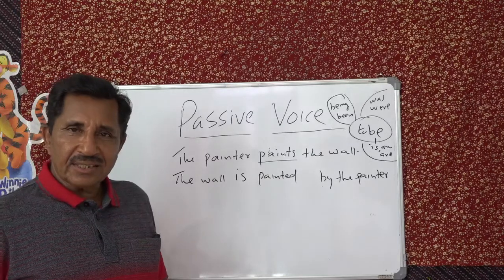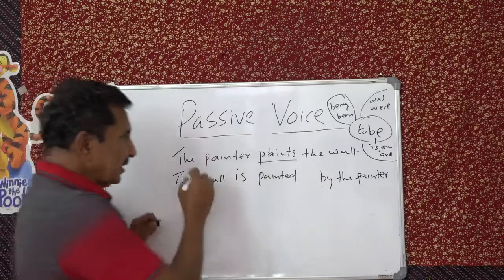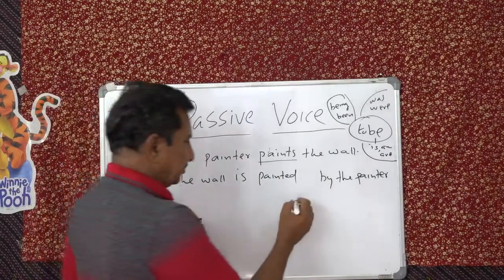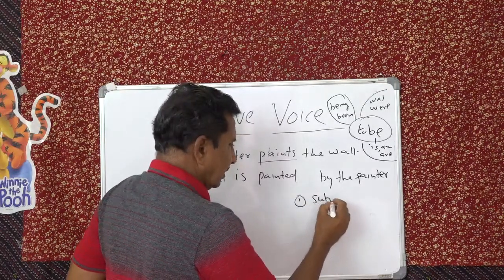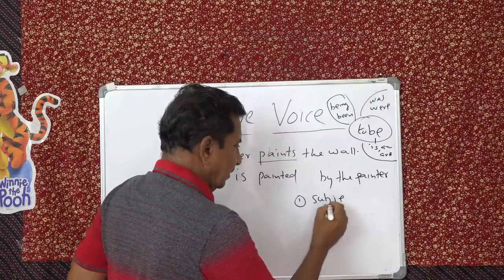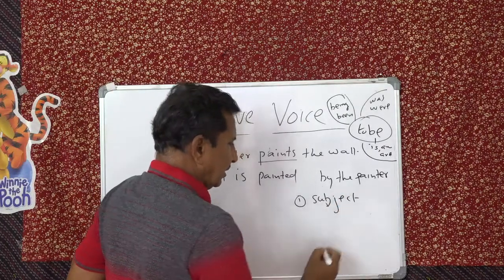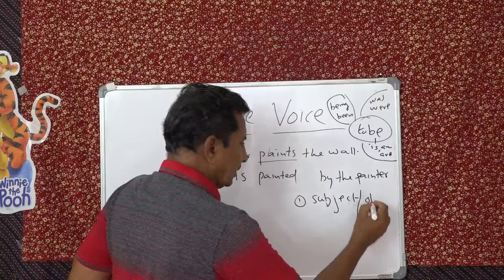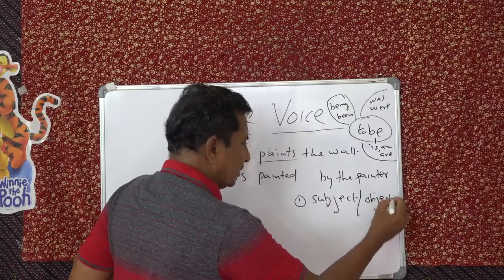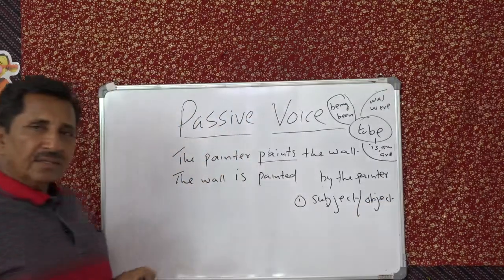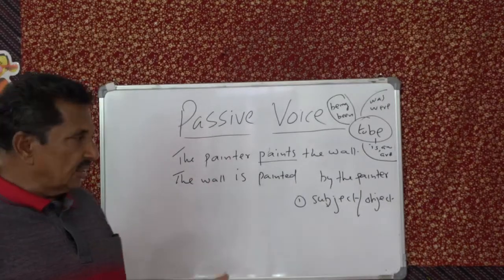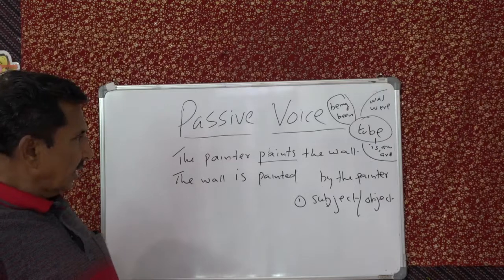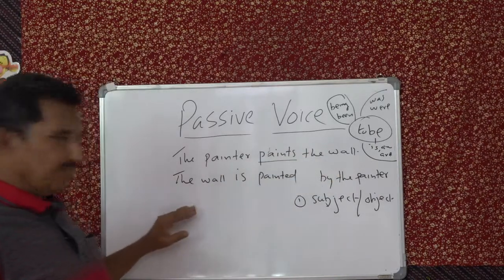So what are the changes that you made? This is active. Step 1, subject and object position. You change the position of subject and object of the active sentence. Here is the object, but here is the subject.